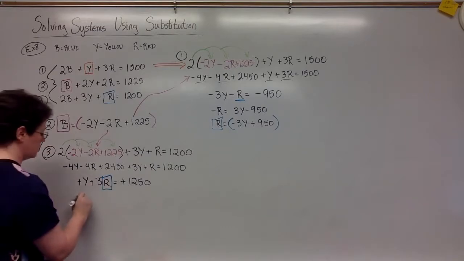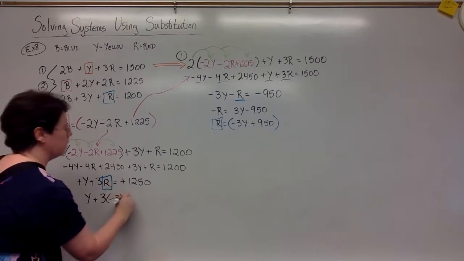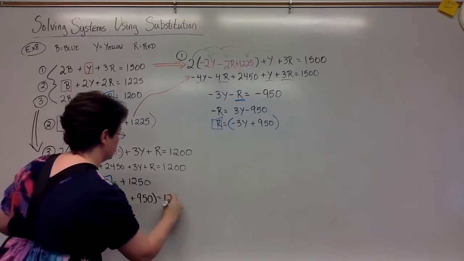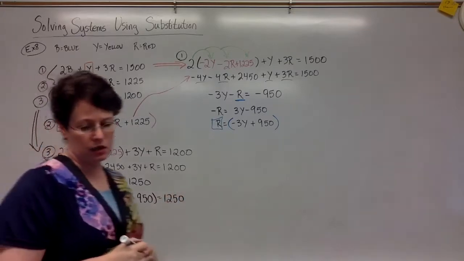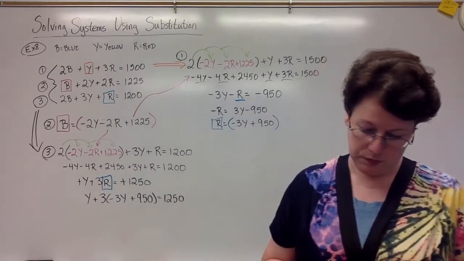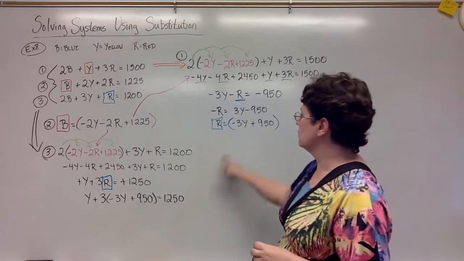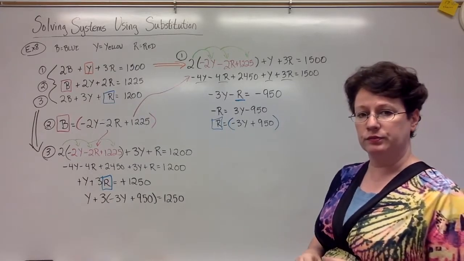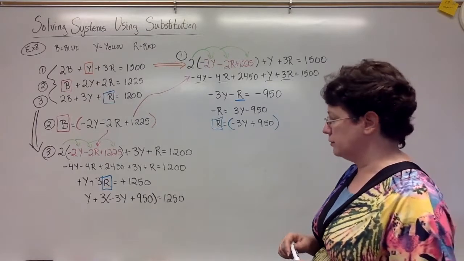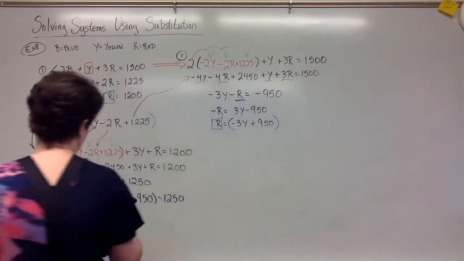Right? So I have y plus 3 times negative 3y plus 950 equals 1250. It's kind of crazy, but we could do it. Or we could solve this for y and plug it into here for r. Either way. Okay? We can do it either way. So now what are we going to get?